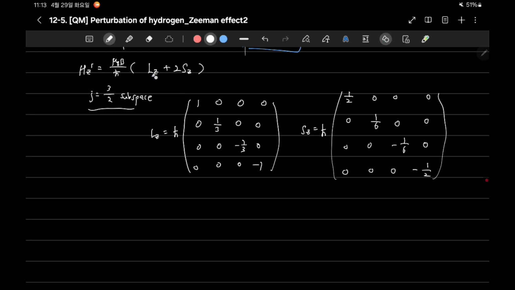So we should consider LG plus 2 SG. The 2 means 1/3, minus 1/3, minus 1, and plus.